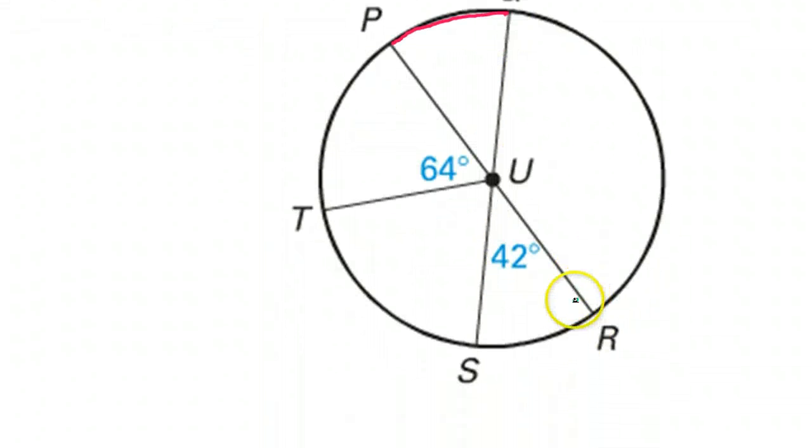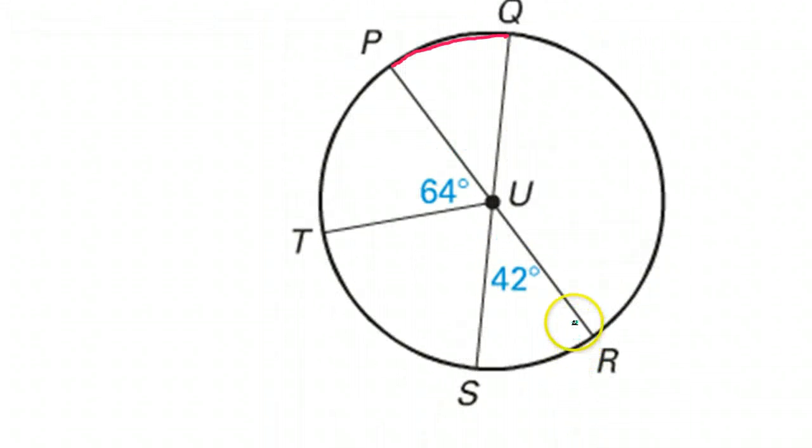Now look. You see these angles right here and right here. These are called vertical angles because of the way they're formed by an X. When you have angles that are formed by an X like this, these angles across from each other are called vertical angles. And vertical angles are always equal.